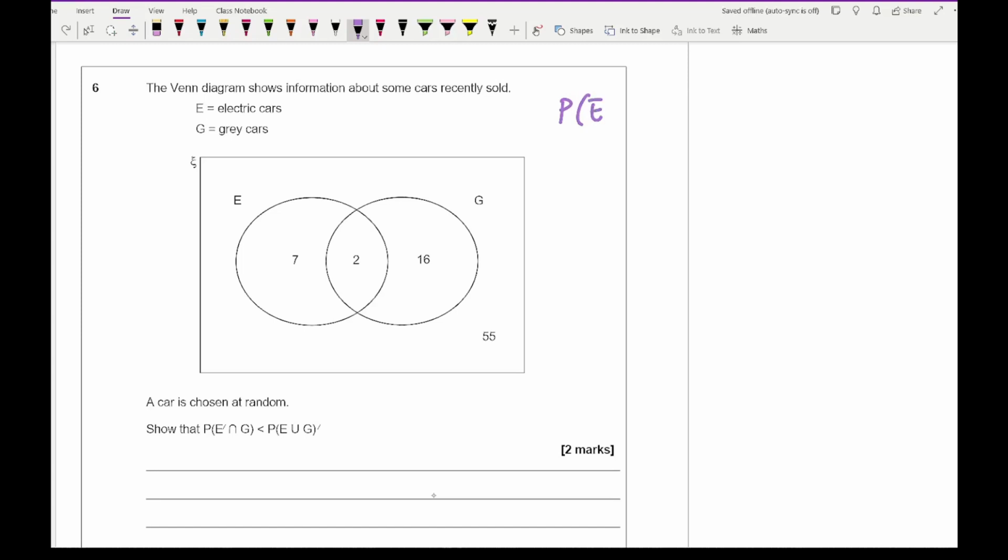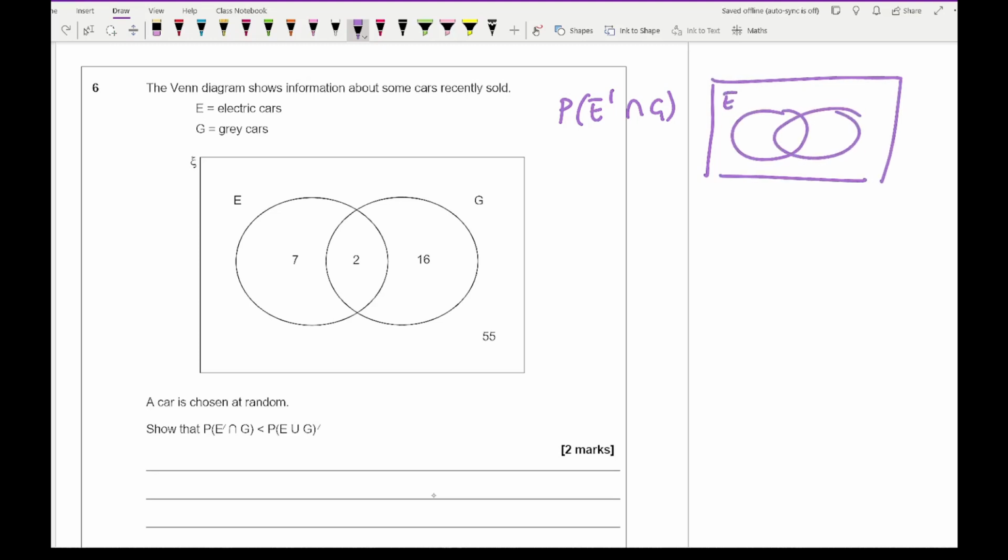So let's go for not E and G. If I just draw a little sketch of the Venn diagram, and I've got E and G. Well, not E is everything that's outside of E, and G is this bit here. Now because it's and, I want the bits that's shaded in twice.